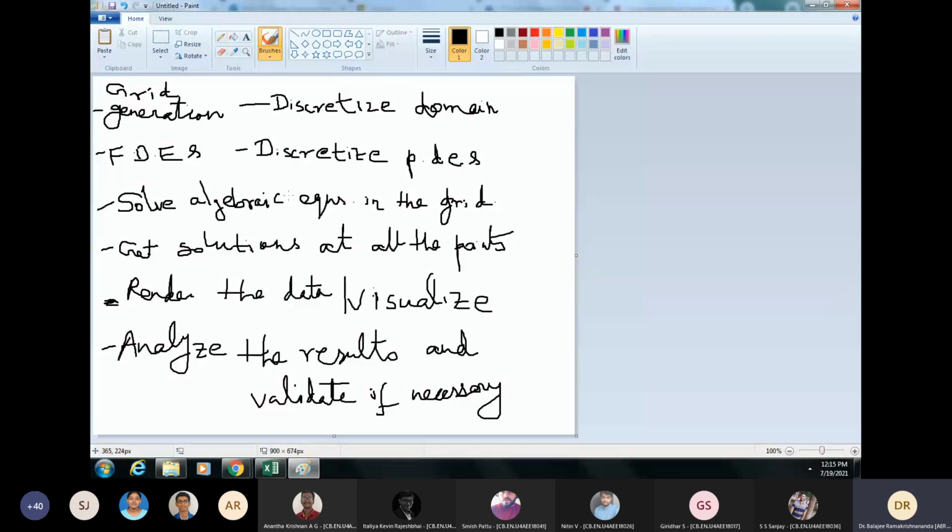I'm solving the Navier-Stokes equation. Now what happens? Near the plate, you'll have more variations. So to capture the variations, you want more points clustered near the plate. You know from physics that there will be more variations near a solid object because of viscosity.